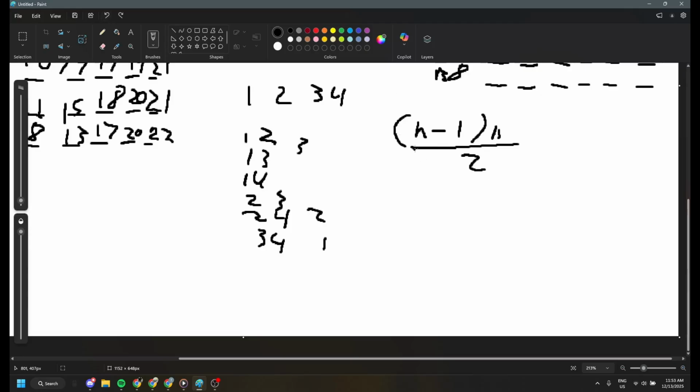So for 4, that's 3 times 4 over 2, which is 6. Yeah. For 5, that would be 4 times 5 over 2, which is 10.